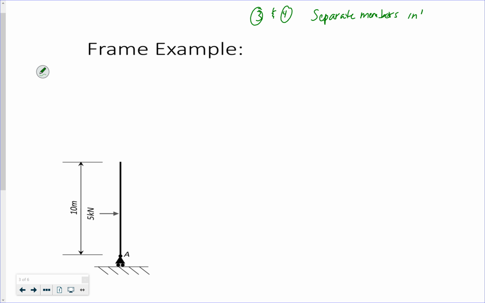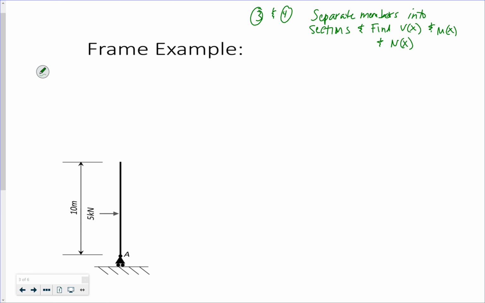Members into sections and find V of x and M of x. And now we're actually finding axial load too. All right, now that we have columns, we do have axial load. Previously, we've been ignoring it.